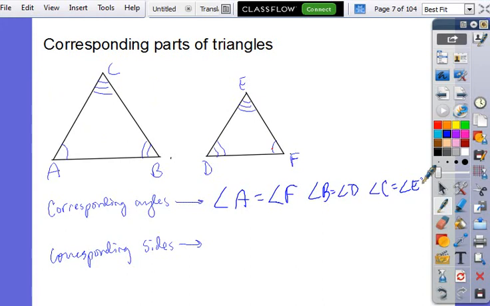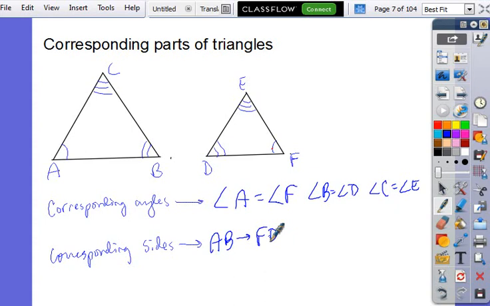Are the sides the same? No, because what does similar mean? Same shape, different size. So you don't put the sides being the same. I would just say that AB corresponds to what? FD. And how do I know it's FD? Follow the angles. A had a 1, B had a 2.